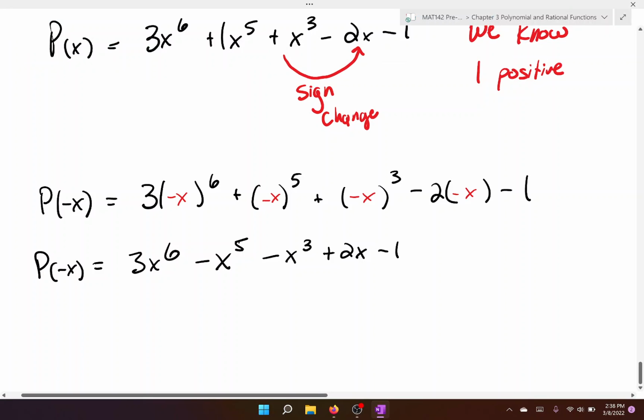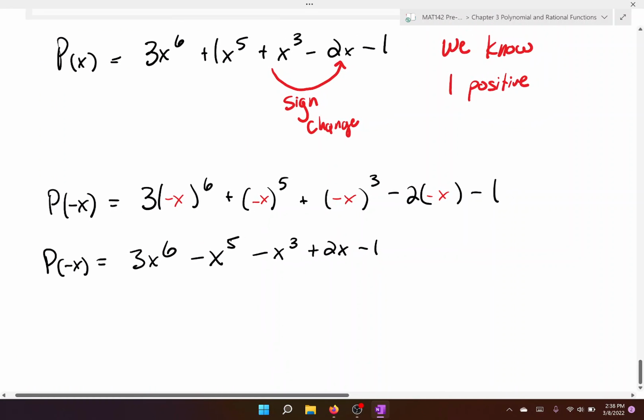So now that we kind of have an idea of how this flows, we're going to look at the sign changes. So from x to the 6th to x to the 5th, you have a sign change. And then from negative x to the 3rd to positive 2x, you get a sign change. And then from 2x to 1, you get a sign change. So, and I'm going to leave this in red, p of negative x has 3 sign changes.